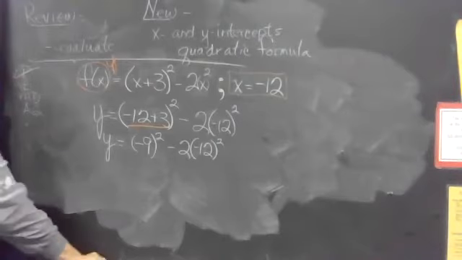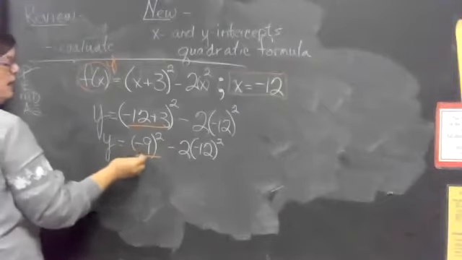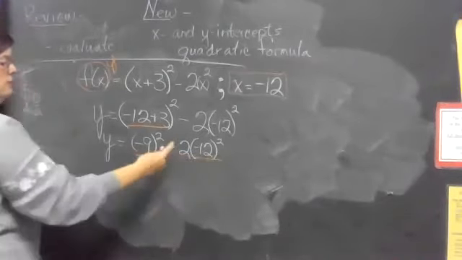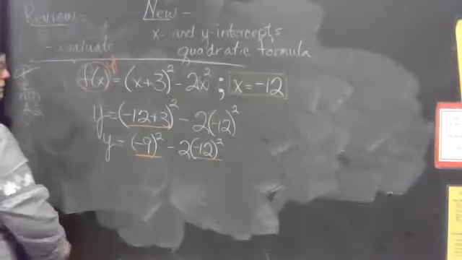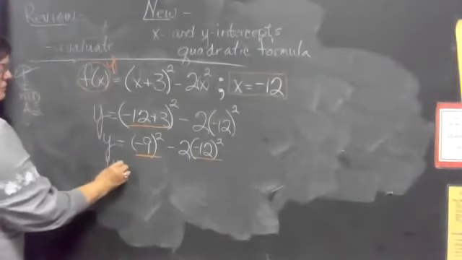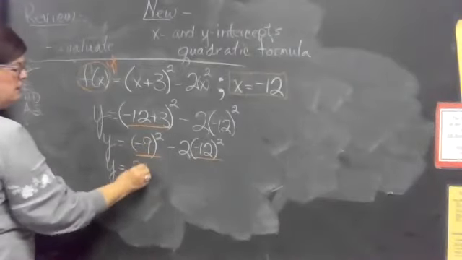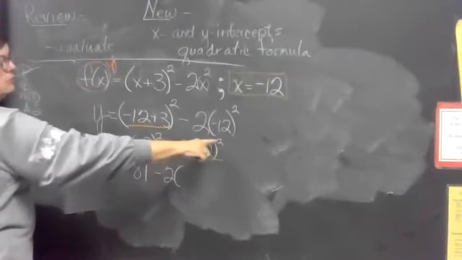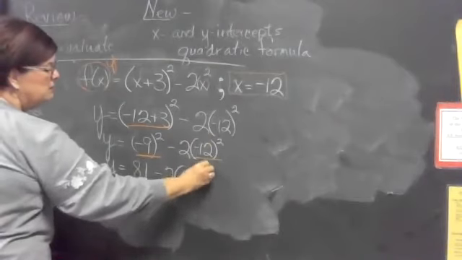So in the next step, we're going to square this and square just this part, not the 2. Okay, so now we have, where is my chalk? Okay. Y equals, anything squared is positive. Yes, I hear 81 minus 2 times 144. And again, anything squared is going to be a positive.